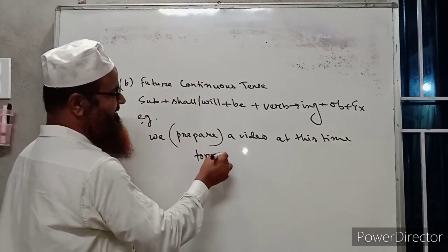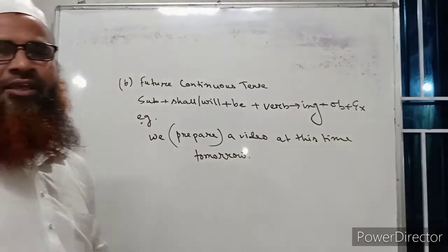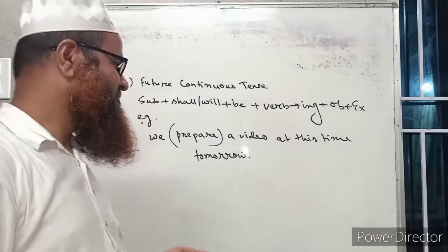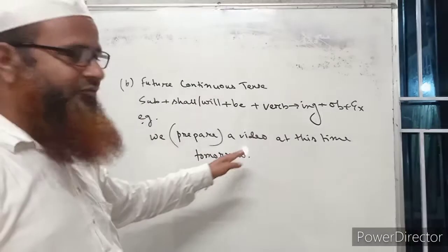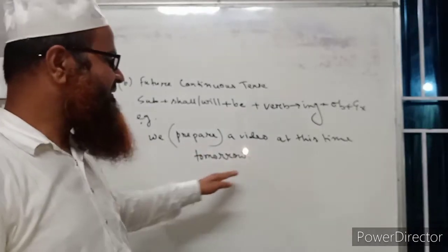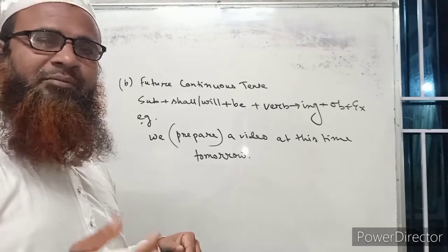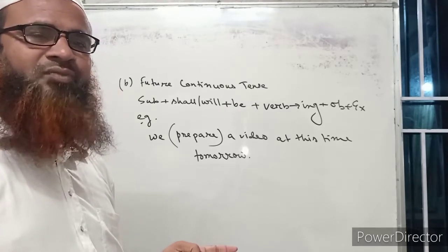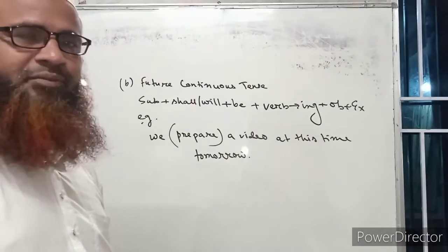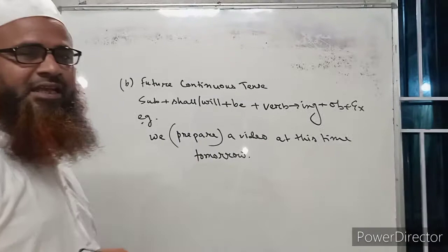So this is a sentence which has to be corrected using the correct form of the verb. If we read the sentence, we see that we prepare a video at this time tomorrow. So the action we think will be going on at this time tomorrow. That is why we have to write this sentence in future continuous tense. So it will be, we shall be preparing a video.